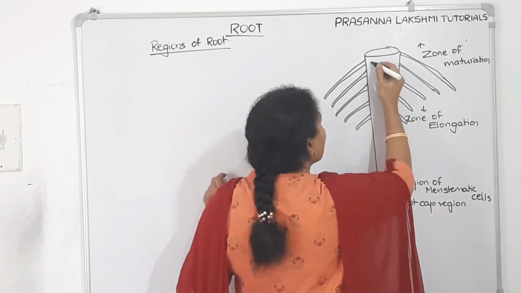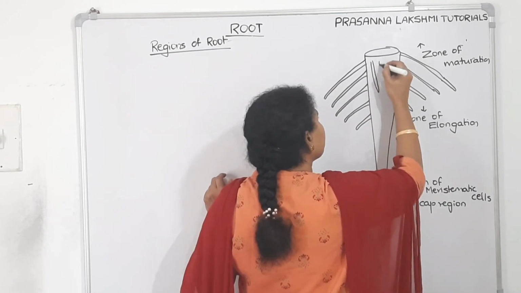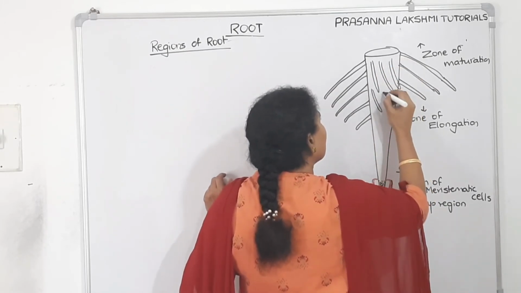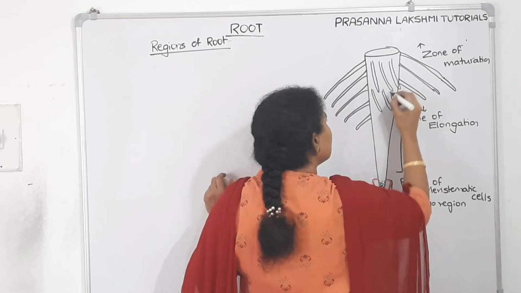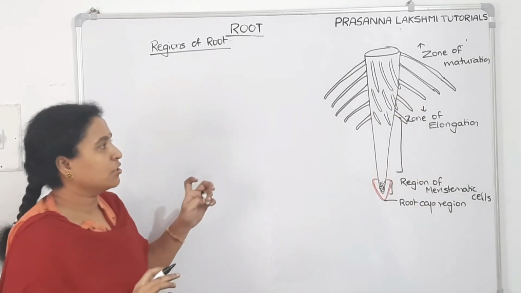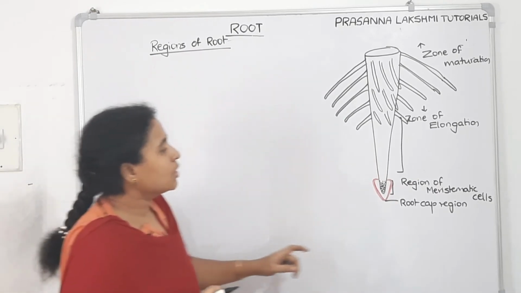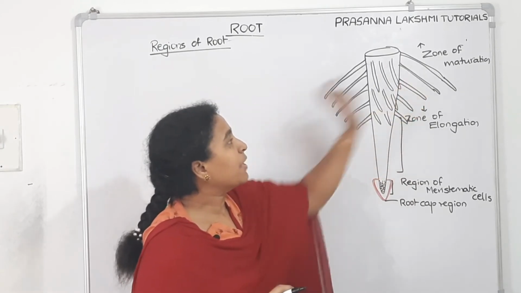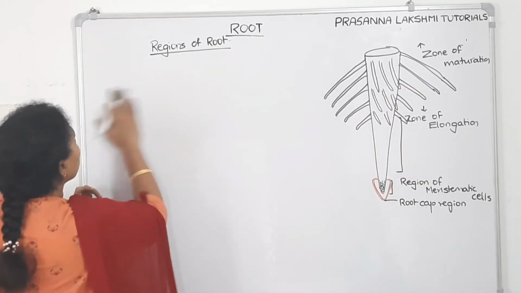Here also they are present. If you see three-dimensionally, we can see these also. So, all this is maturation region. So, how many regions? Root cap region, meristematic region, elongation region, maturation region. Let us discuss one by one.